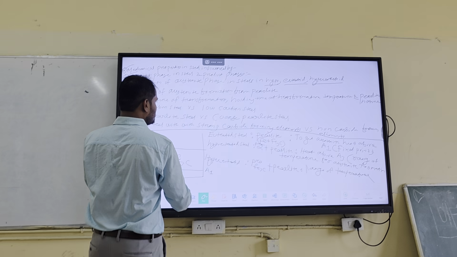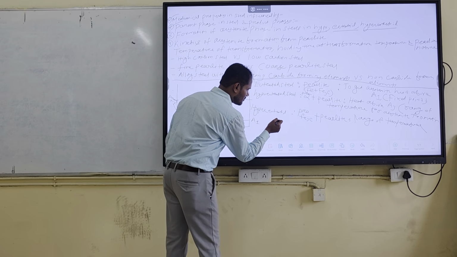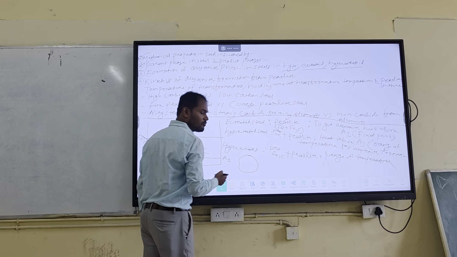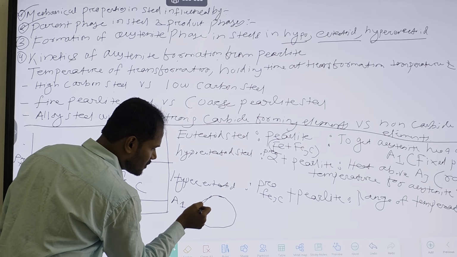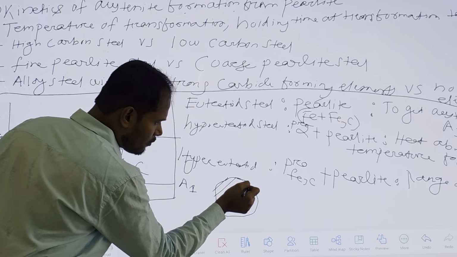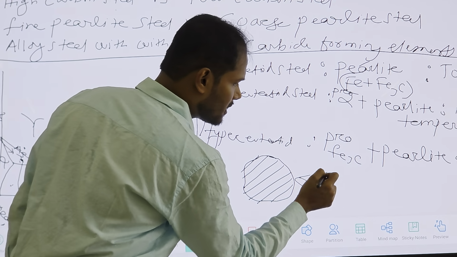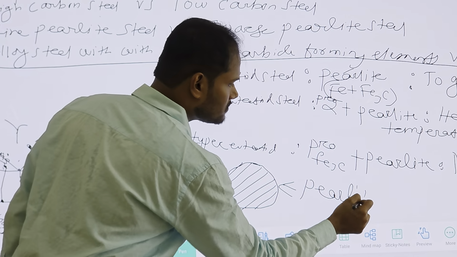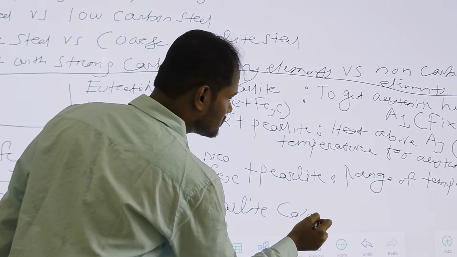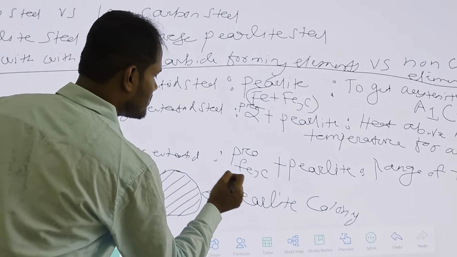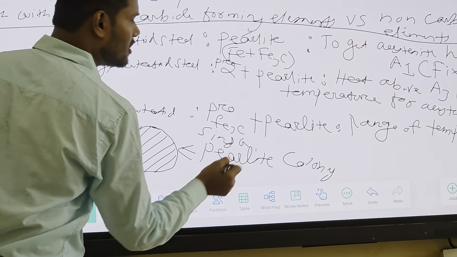Anyway, so the point is, see, suppose I am talking about pearlite. Let one pearlite colony be there. So this is one pearlite colony, for example. This is a single pearlite colony.